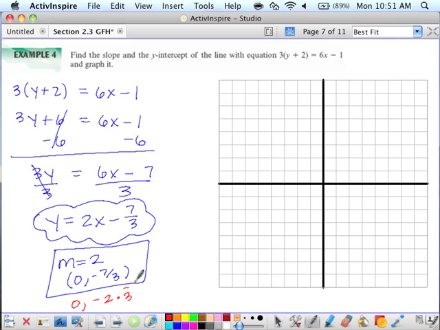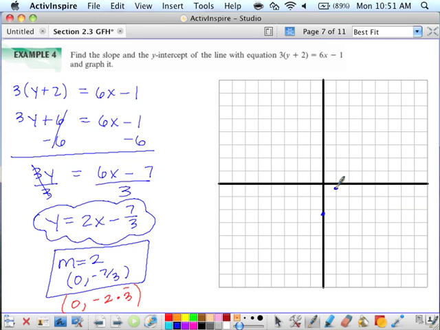Okay. So let's go put a dot at (0, -2.3). That would be about right here, not quite halfway. Then I need to count a slope of positive 2 over what? 1. So we go up 2, over 1.